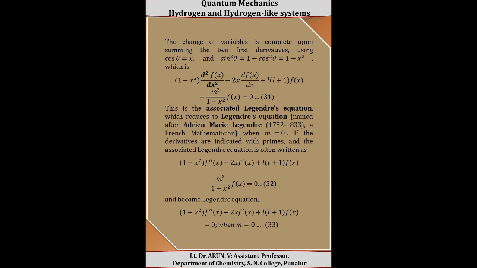If the derivatives are indicated with primes, then the associated Legendre equation is often written as (1 minus x squared) f double dash of x minus 2x f dash of x plus [l(l plus 1) minus m squared divided by (1 minus x squared)] f of x equals 0, and the Legendre equation becomes (1 minus x squared) f double dash of x minus 2x f dash of x plus l(l plus 1) f of x is equal to 0 when m is equal to 0. That is, the associated Legendre equation becomes the Legendre equation when the value of m is equal to 0.